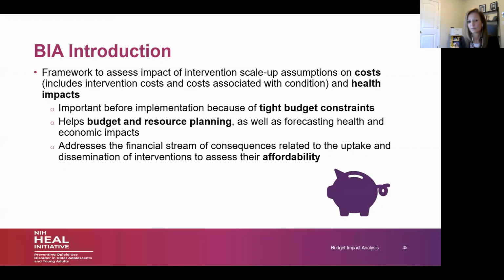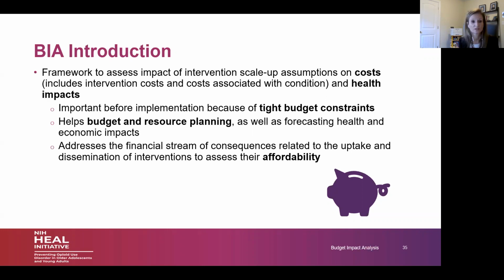And that type of analysis is an important criterion for priority setting decisions. However, cost effectiveness analysis does not produce results that can be used to assess whether the interventions that are found to be cost effective are actually affordable by the organization that is interested in implementing those interventions.